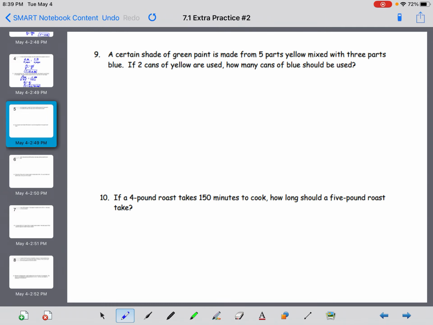Okay, so 9. A certain shade of green paint is made from 5 parts yellow with 3 parts blue. If 2 cans of yellow are used, how many cans of blue should be used?